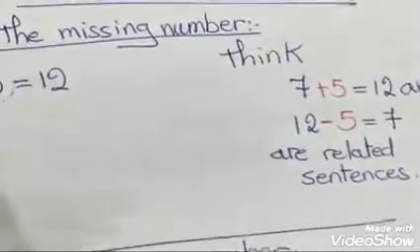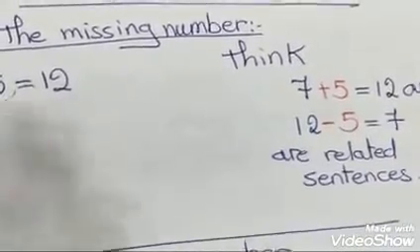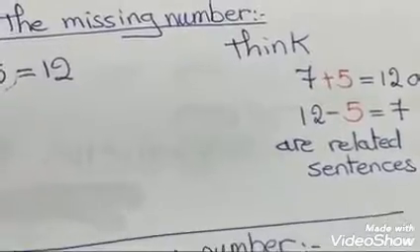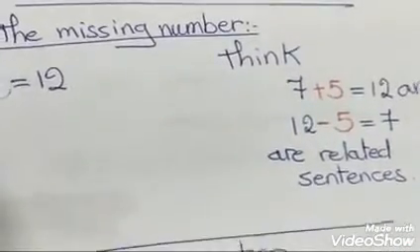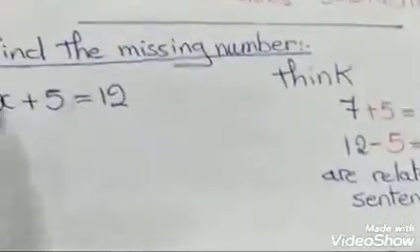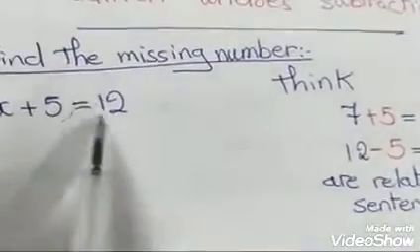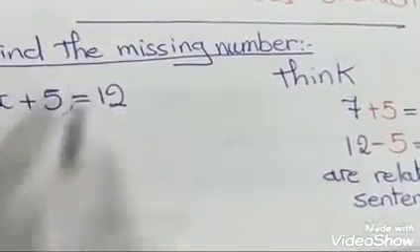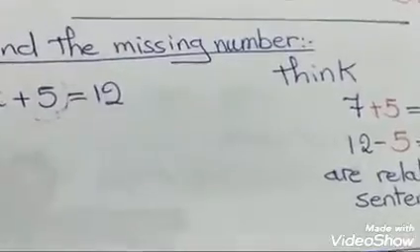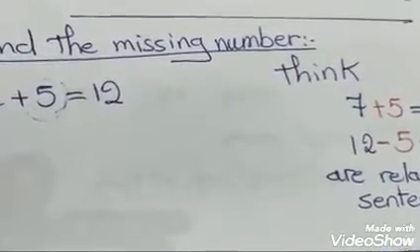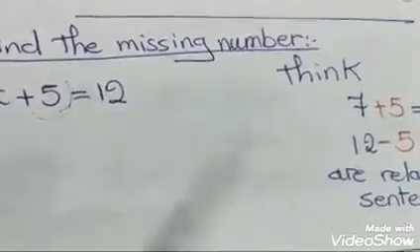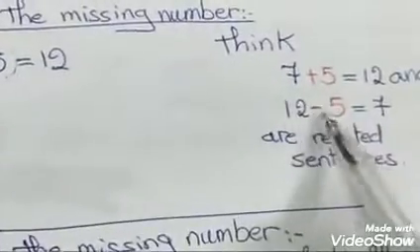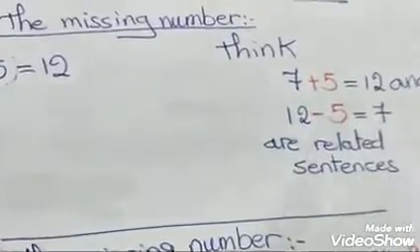So the missing number is 7. This is by thinking. But how can I do it with operations? I have to inverse the operation from addition to subtraction. I have to take the 5 from the 12 to know the number that is left. So that will be the missing number. So I say that 12 minus 5 equals 7.